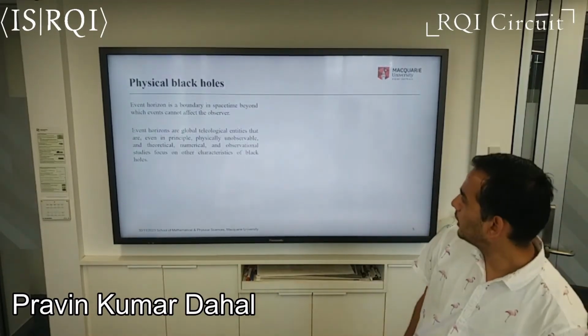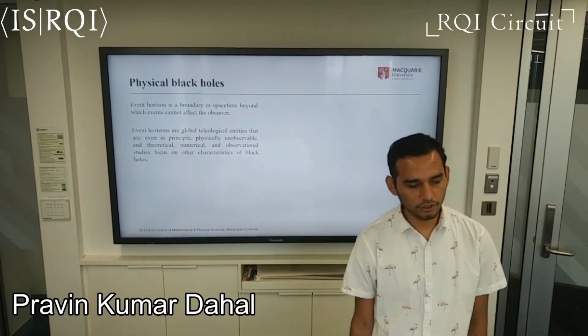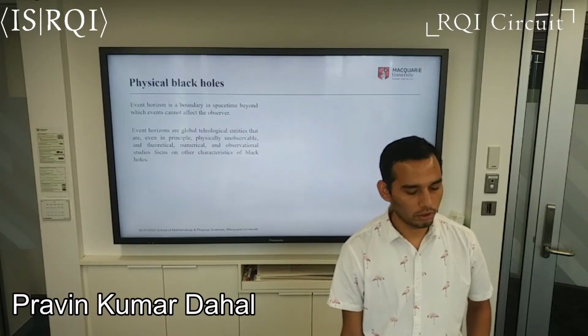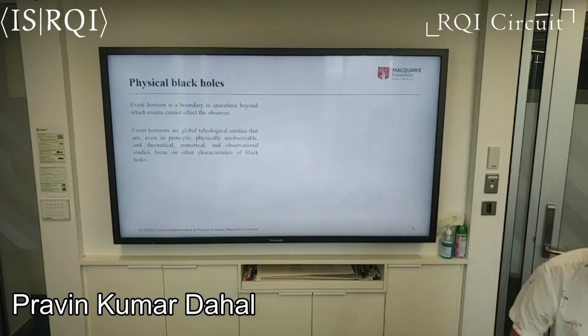By this definition, the event horizon is a global teleological entity, which means that one needs to understand the entire history of the universe to find its location.